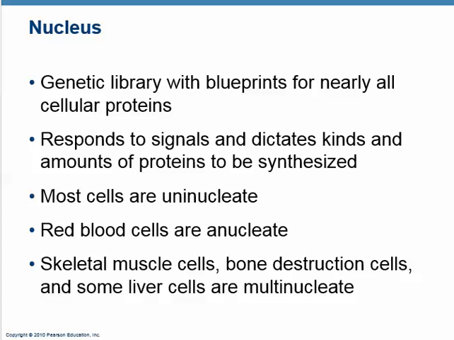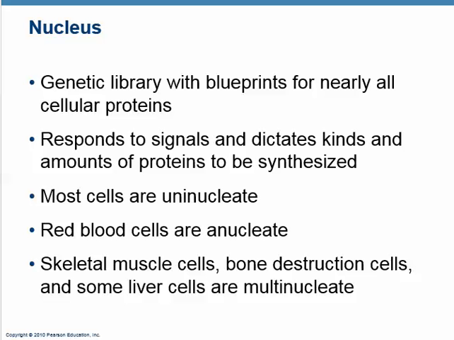Some cells don't have any nucleus, and other cells are multinucleate. They have many nuclei. When you think about the size of a skeletal muscle cell, some of them can be almost a meter long. You really need to be able to synthesize proteins up and down the whole length of it. So there's multiple nuclei. In normal small cells, you only really need one.